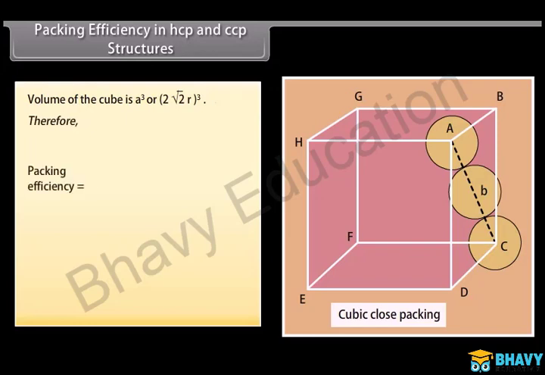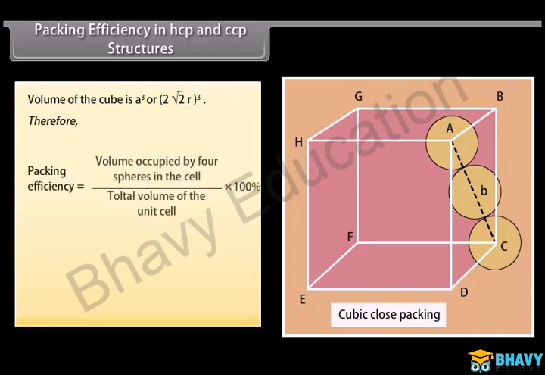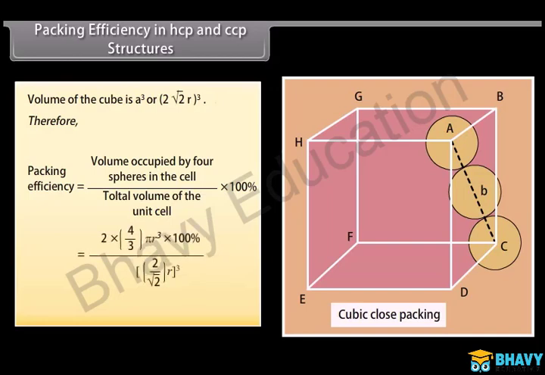Therefore, packing efficiency is equal to volume occupied by 4 spheres in the cell × 100 upon total volume of the unit cell %, which is equal to 4 × 4/3 πr cube × 100 upon (2 square root 2 r) cube, which is equal to 74%.